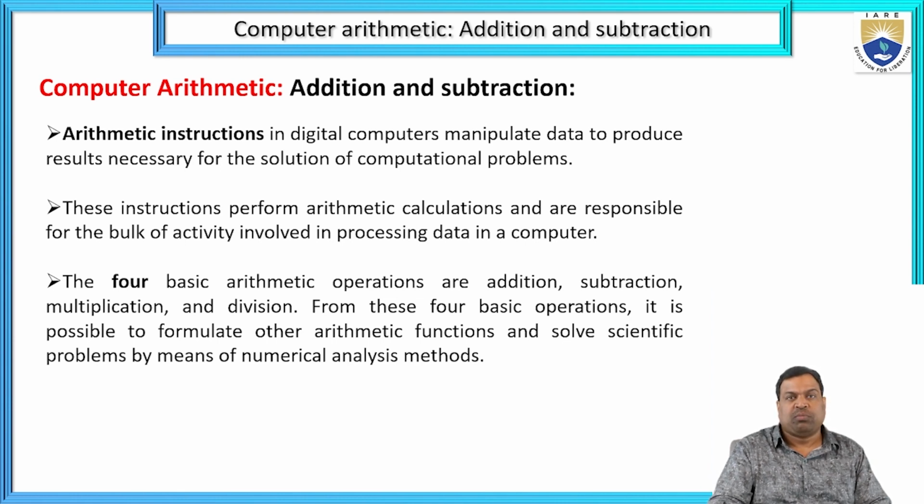These instructions perform arithmetic calculations and are responsible for the bulk of activity involved in processing data in a computer. The four basic arithmetic operations are addition, subtraction, multiplication, and division. From these four basic operations, it is possible to formulate other arithmetic functions and solve scientific problems by means of numerical analysis methods.